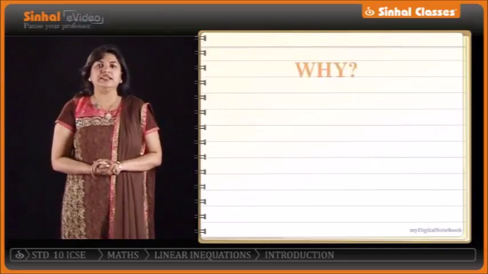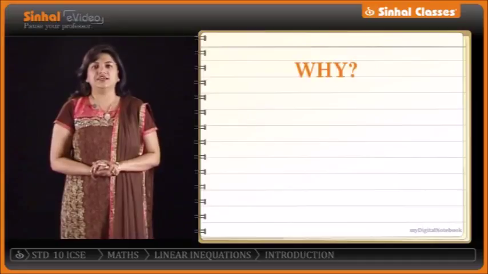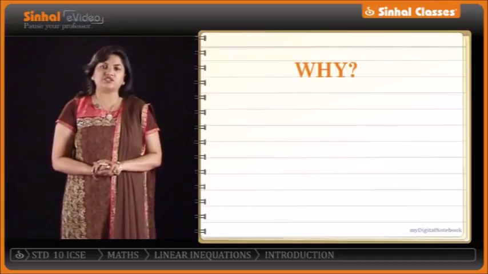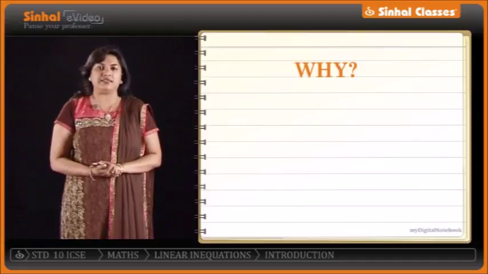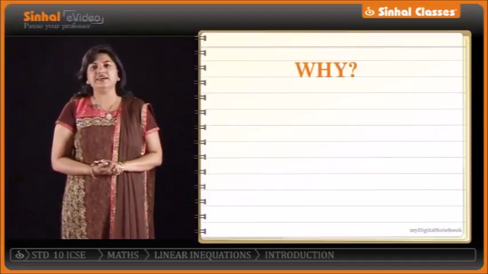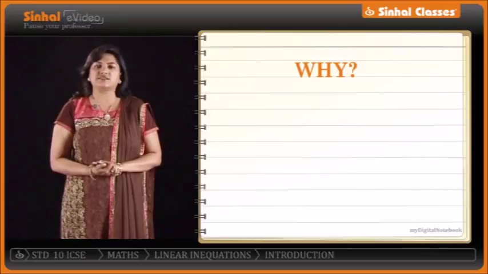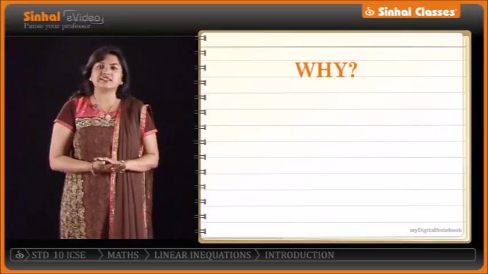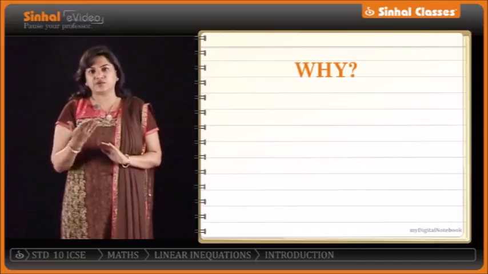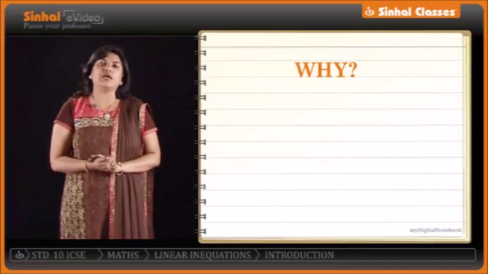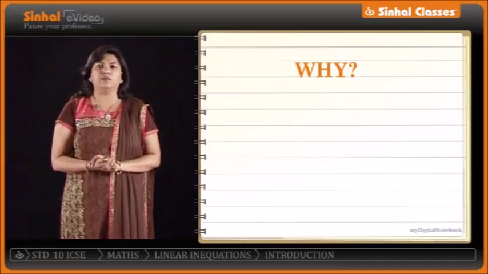Why do we use linear inequations? Linear equations are used to get the exact value of x, whereas linear inequations will give us the range of x, that is, it tells us x lies between which two values, or x is greater than some number or x is less than some number.